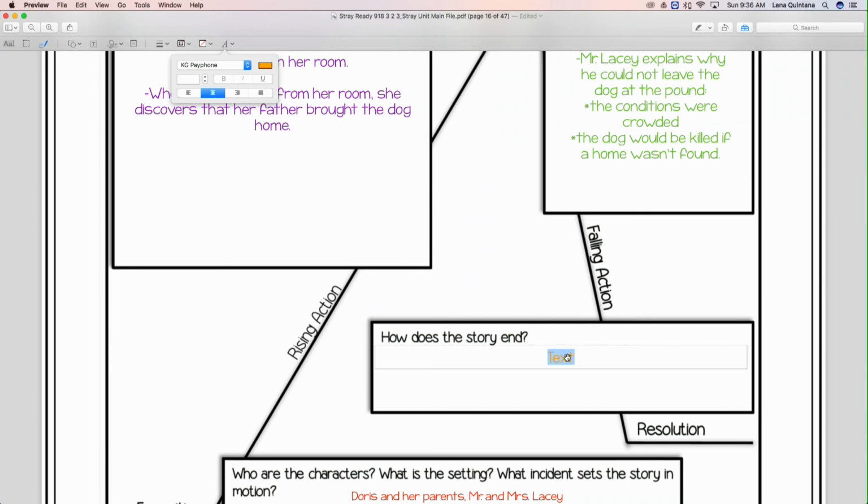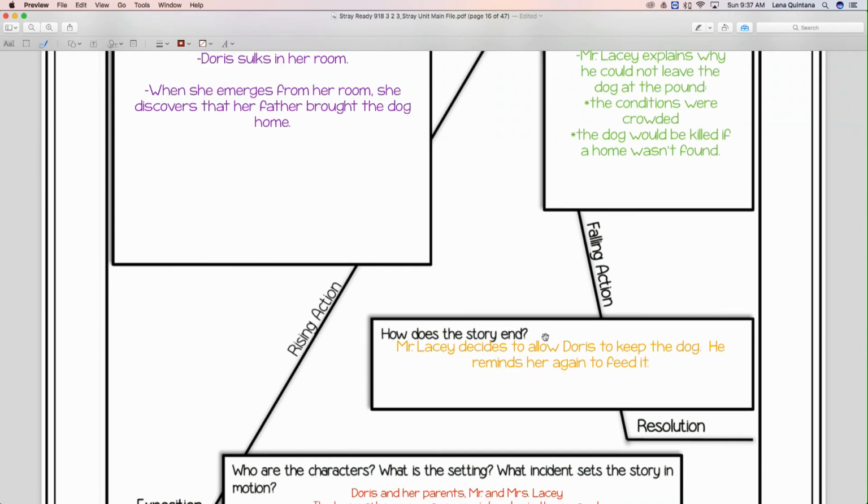Well, we've kind of said it before, right? Mr. Lacey decides to allow Doris to keep the dog and he reminds her again to feed it, right? And it's interesting too because they're saying how they don't have enough money, they can't afford to adopt a dog because feeding a dog and caring for a dog is expensive.